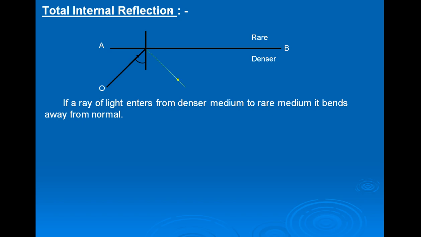Now some part of it is reflected back in the same medium, obeying the law of reflection, and the remaining part enters into the second medium, which makes an angle of refraction with the normal, and the ray of light bends away from the normal because it is moving from denser to rare medium.